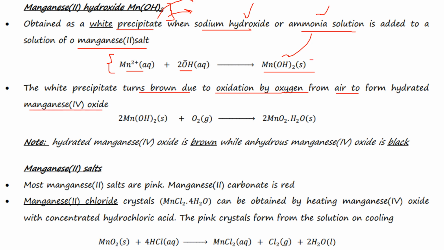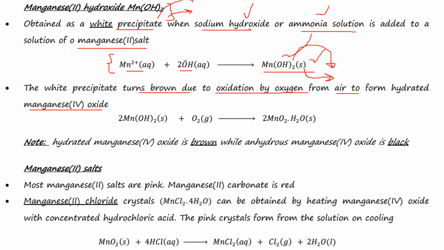Usually we form this as a dark brown precipitate in the laboratory. Immediately after addition of the sodium hydroxide or ammonia solution, you observe a white precipitate. But this white precipitate, gradually within a few minutes or not even seconds, is going to turn dirty brown.